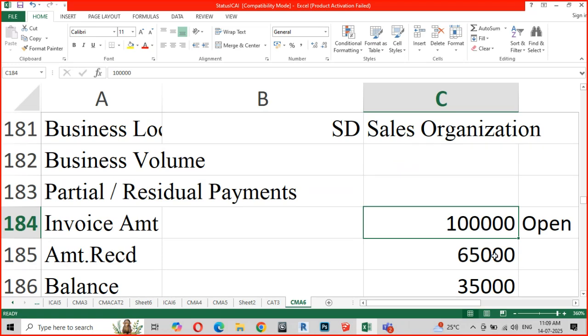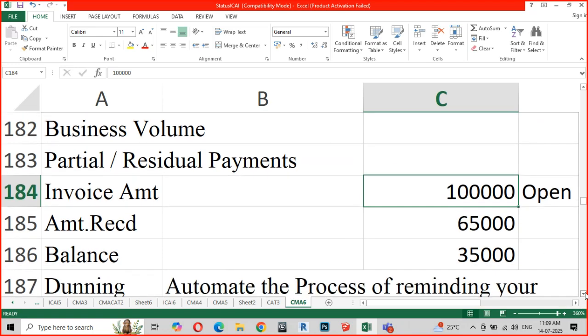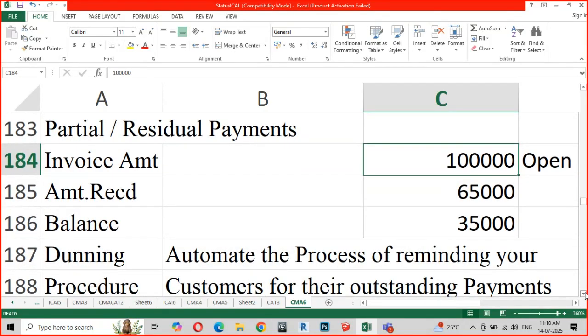So the customer is paying me 65,000 rupees for that particular invoice amounting to 1 lakh rupees. Normal business scenario, right? Not special to SAP alone. This normally happens in business, whether SAP or non-SAP.